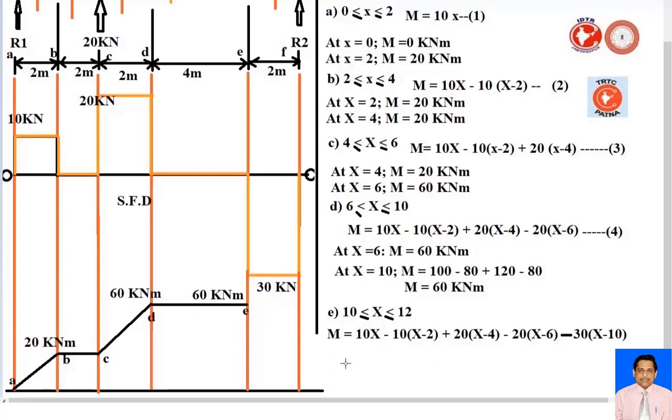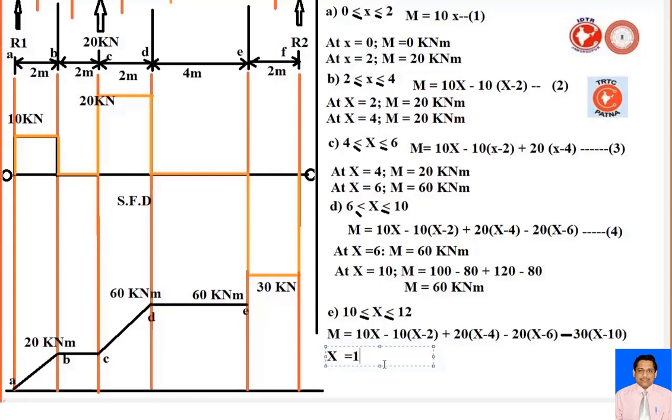Okay, now check the moment at x equal to 10. After computing the moment, the value is 60 kilonewton meter. At present the value is 10. And then x equal to 12.